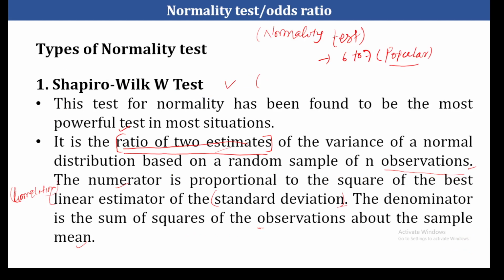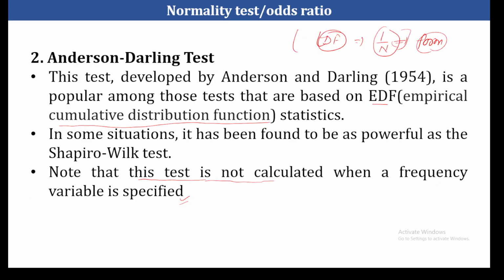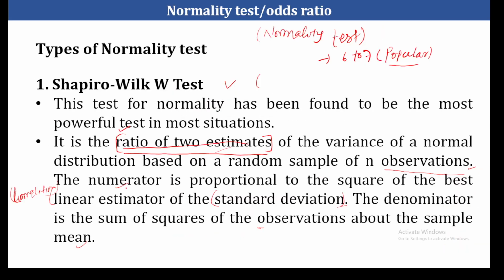Types of normality test: that is the Shapiro-Wilk W test. This test for normality has been found to be the most powerful test in most situations.